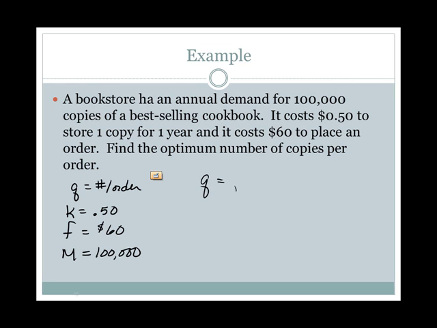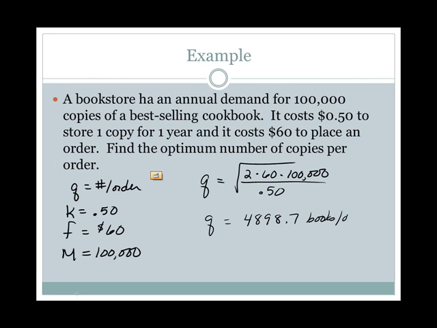So we put in Q equals the square root of 2 times F times M divided by the storage. And we find that we get 4898.7 books per order. And so we would probably go ahead and order 4899 books per order.